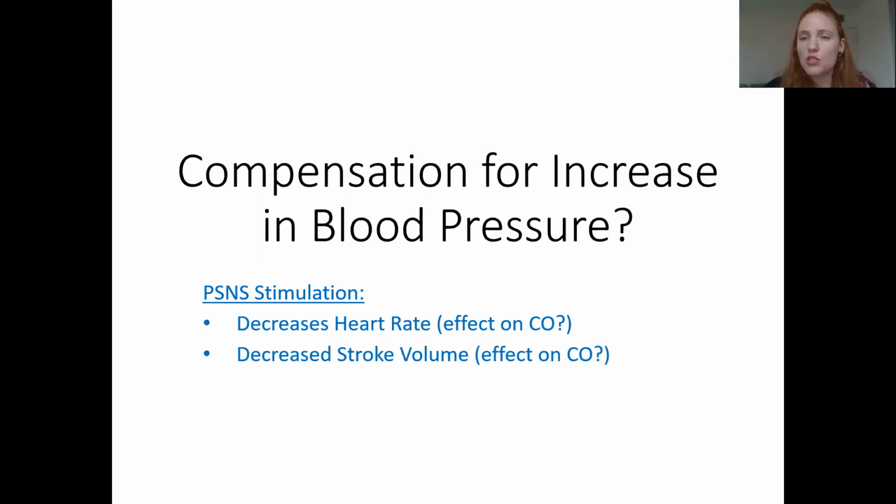You're also going to decrease stroke volume: decrease in stroke volume, decrease in cardiac output, decrease in blood volume, decrease in blood pressure. And then the third one would be vasodilation. If you have more space for the blood to occupy, the same amount of blood in there but more space for it, that will decrease the pressure.